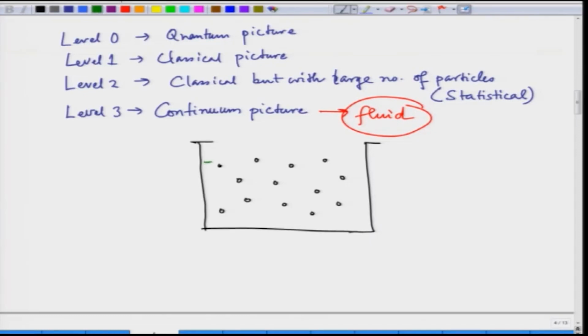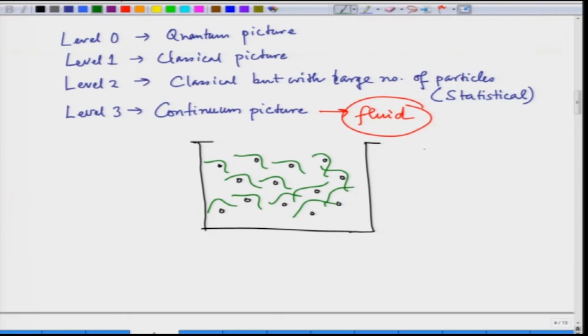So, there is some wave packet associated with every particle. That wave packet can be of different nature from one particle to another, they can be identical as well, we do not know in general.